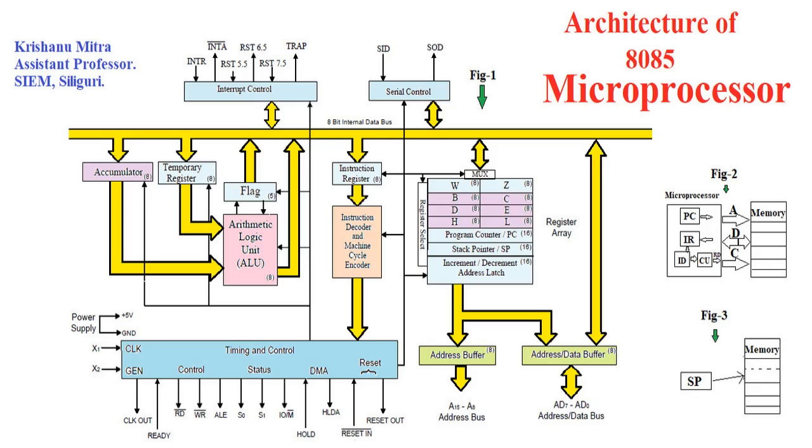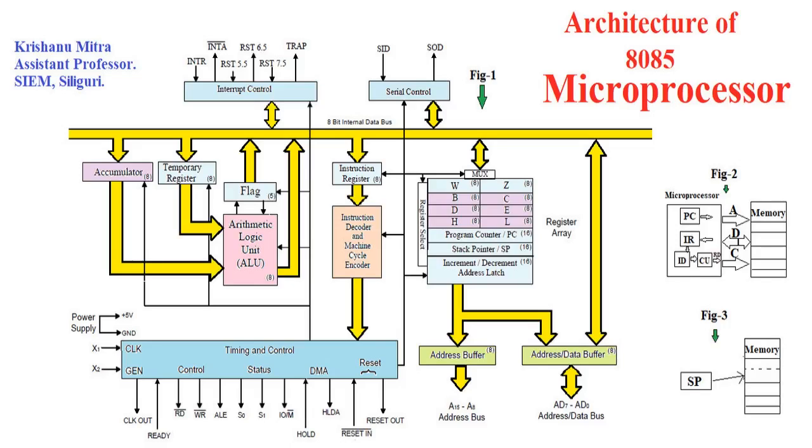So this is the cycle. You can see again. First, when we tap any program icon on our mobile, the address of the memory location where the program is stored will come to the PC. Then PC will send a signal to the memory via the address bus. Then from memory, the instruction will come to the instruction register via the data bus.